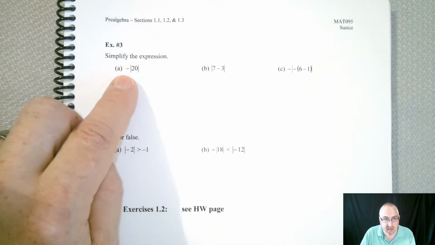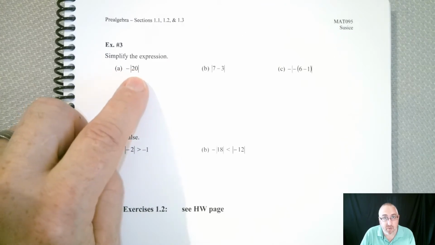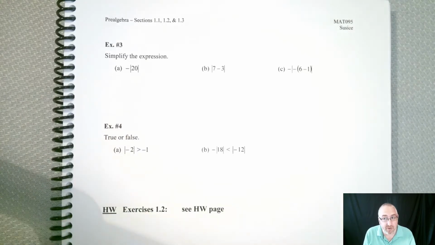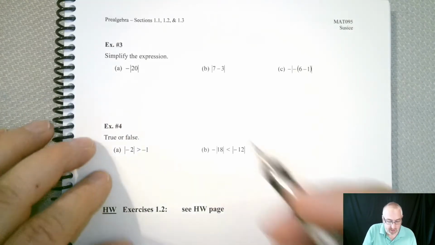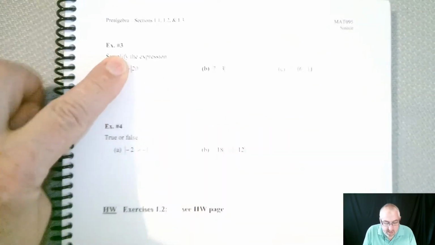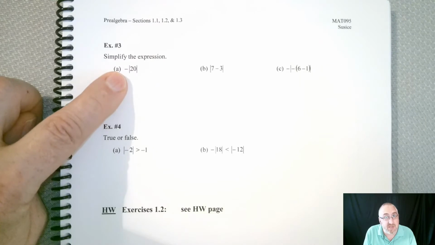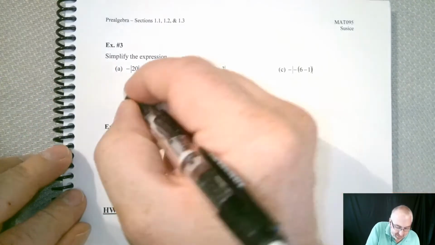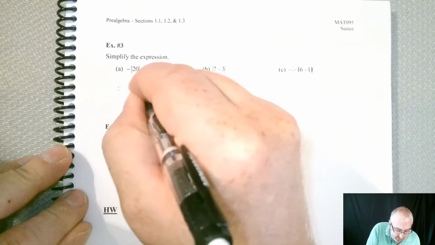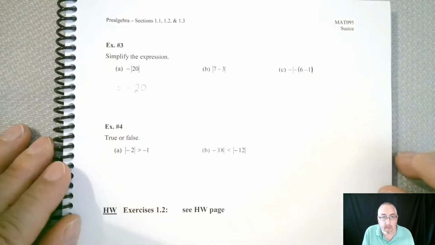The negative is not inside of the absolute value, it's outside of it. And because it's outside, you have to treat it last. So in this case, if we covered it up and said, okay, what's the absolute value of 20? The answer is 20. But because the negative's on the outside, we have to tack it on at the end. So this is equal to -20.